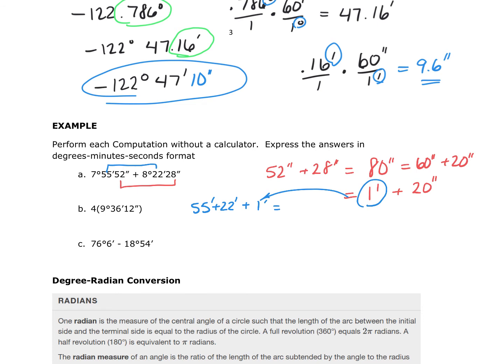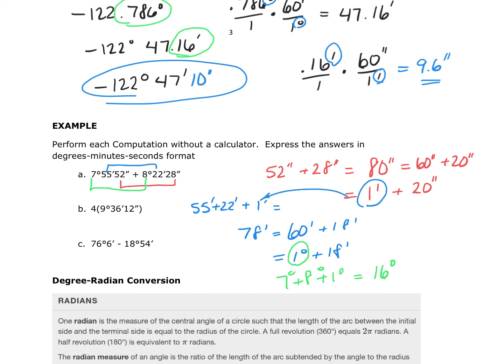That gives me 78 minutes, which is the same thing as 60 minutes plus 18 minutes, which is the same thing as 1 degree plus 18 minutes. So when I do my degrees here, it's going to be 7 plus 8 plus 1 degree because of this 1 degree. So my answer is 16 degrees.